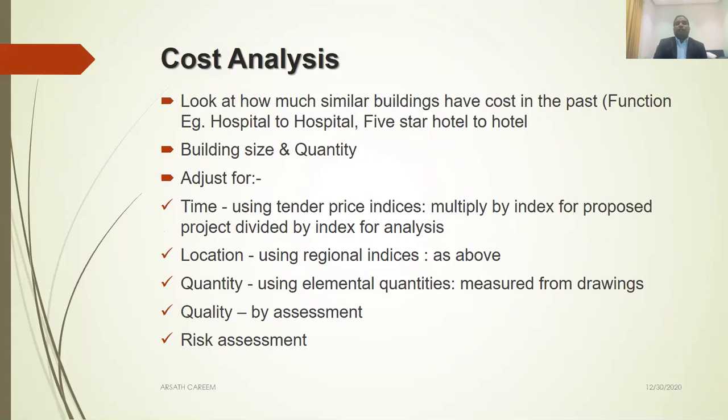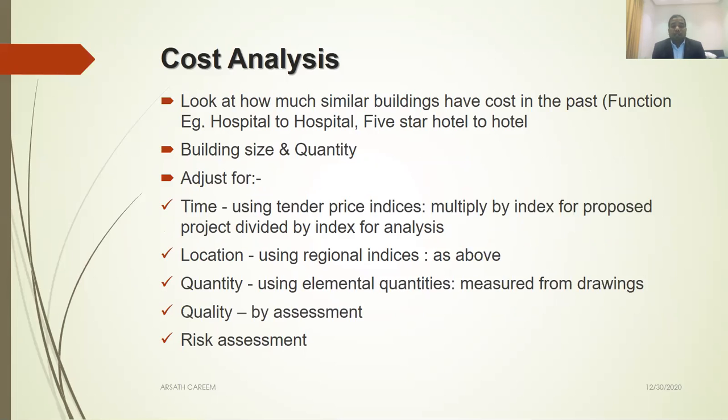You have to consider similar buildings for the cost analysis. For example, based on the function, hospital to hospital, 5-star hotel to 5-star hotel, mosque to mosque, also school to school. So similarly, if you want to do analysis, you have to choose similar buildings.